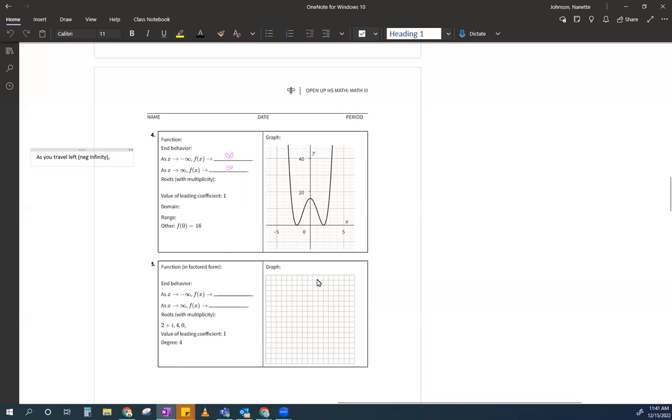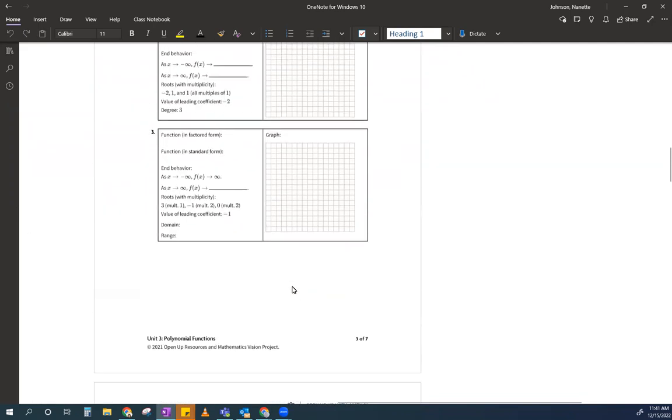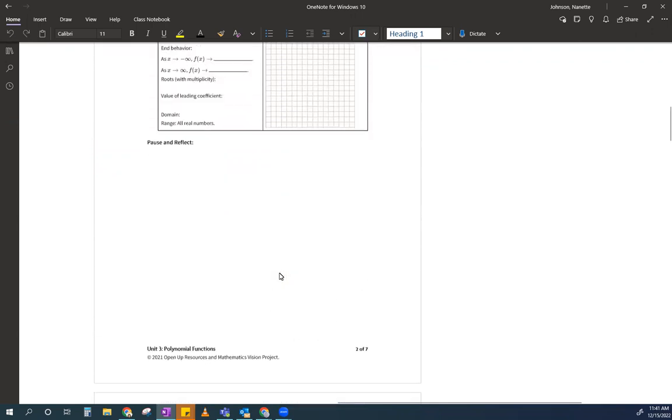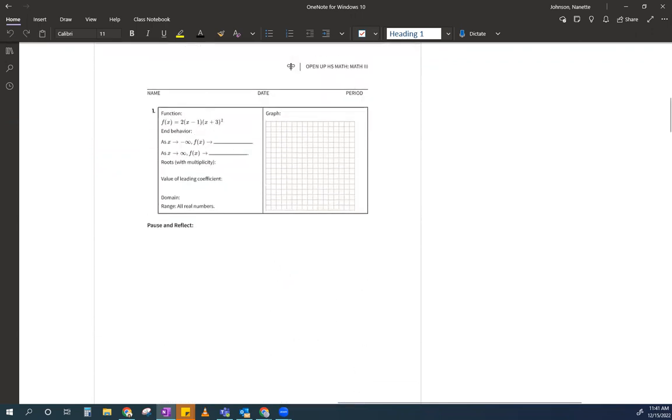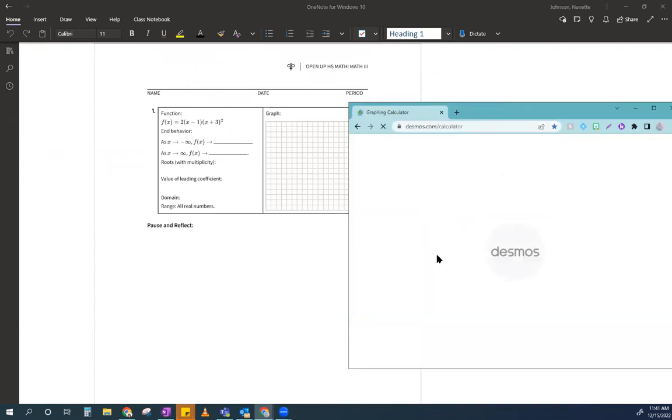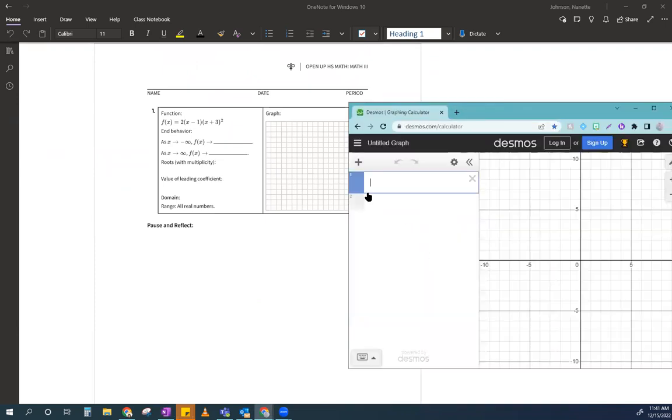Okay. So really quickly, let me show you this one. I pulled over a graph from Desmos and I would graph it. So I go 2 parentheses, x minus 1, close, open, x plus 3, quantity squared, right?